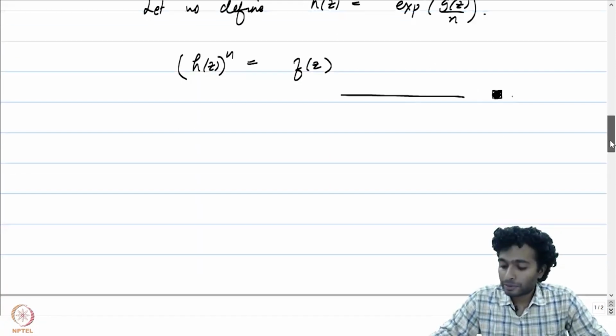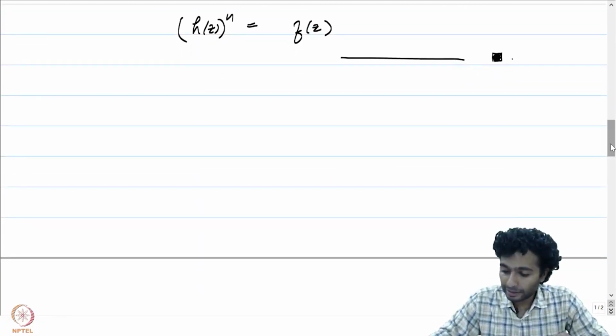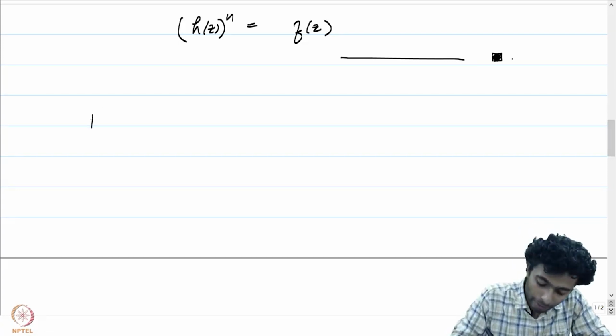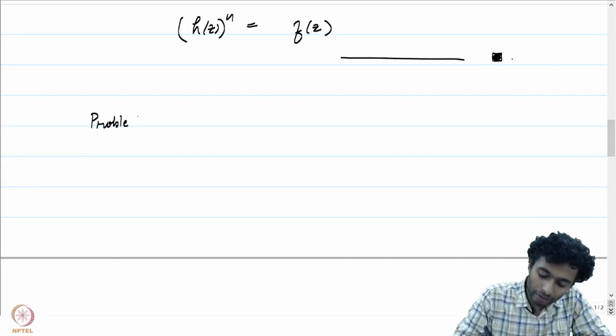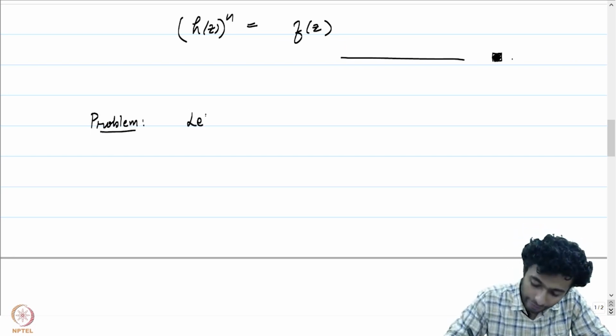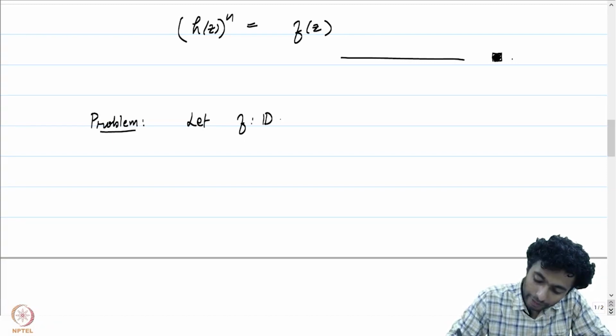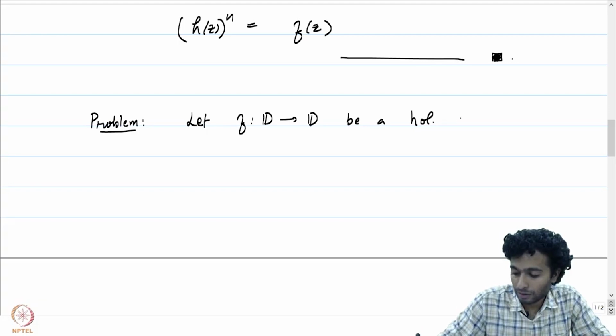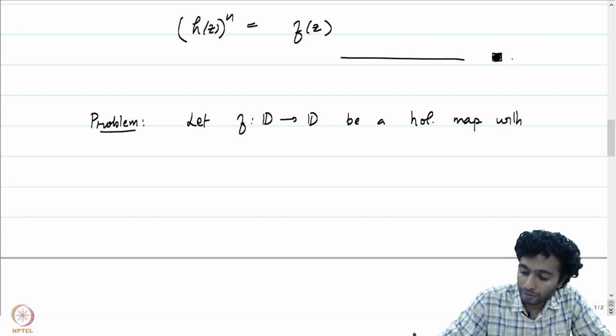The next problem is going to be a simple and nice application of Schwarz's lemma. Let me state the problem. The problem has something to do with holomorphic self maps of the unit disk. So let f from D to itself be a holomorphic map with two fixed points.